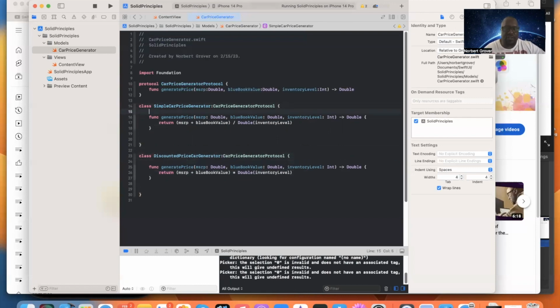So now we have two functions. If we need, we can add more functions to the simple price generator class, something else that helps with generating the price, for argument's sake.